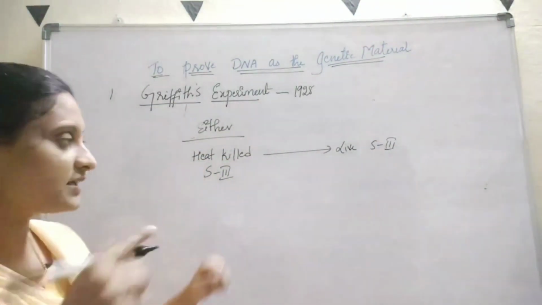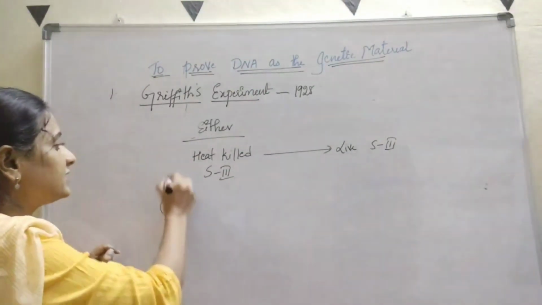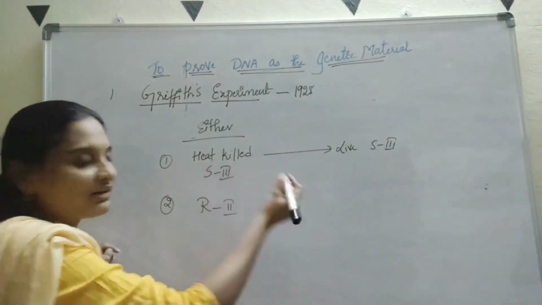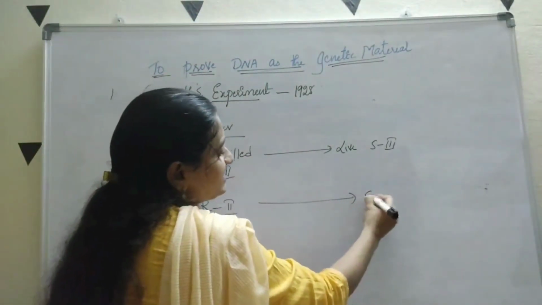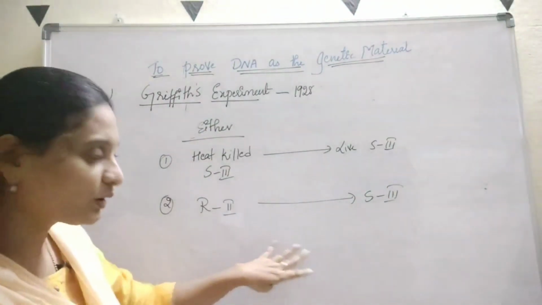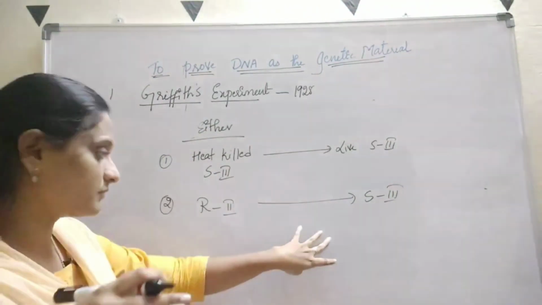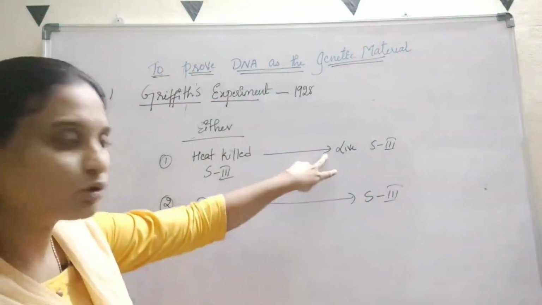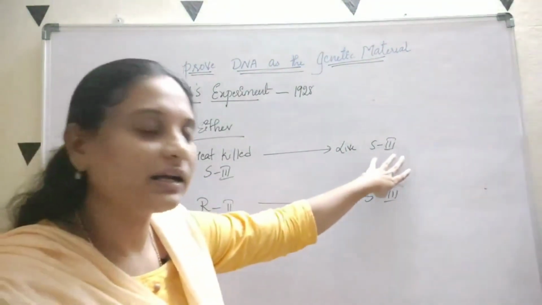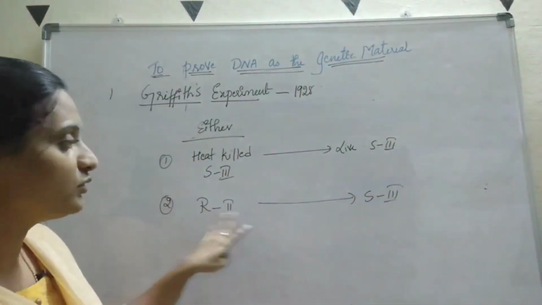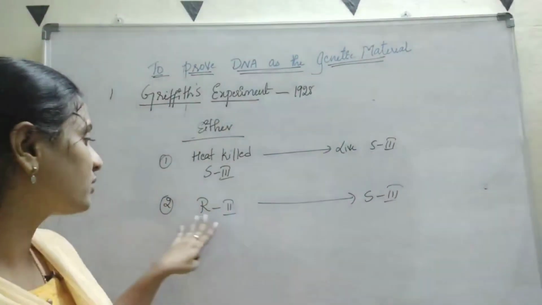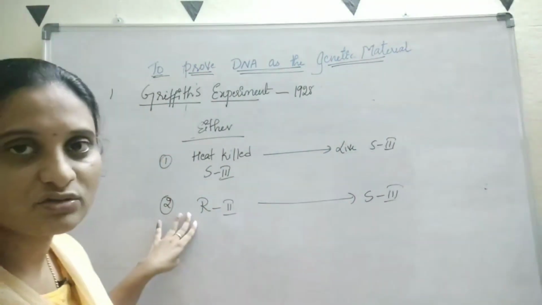This is one possibility. And the second possibility is that R2 has converted into S3. These are the two possibilities for the case 4 result. So he concluded that either this or this should have happened.